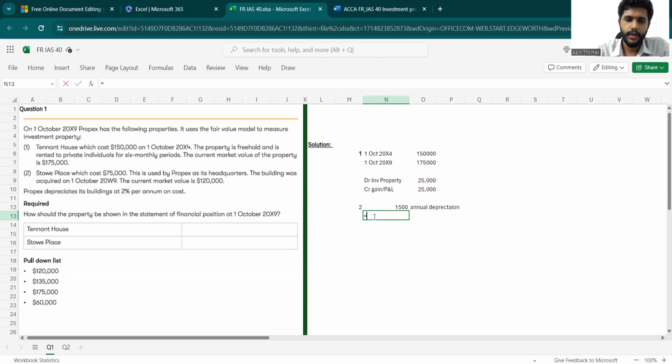So 10 years into the annual amount, it will be 15,000, the accumulated depreciation. And what will be the carrying value? Carrying value will be 75,000 minus the accumulated depreciation. It will be 60,000. See, our answer is 60,000.